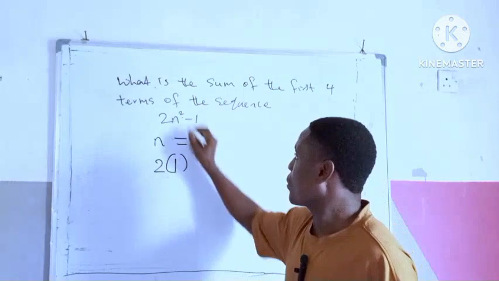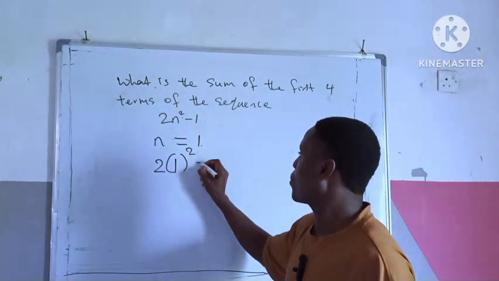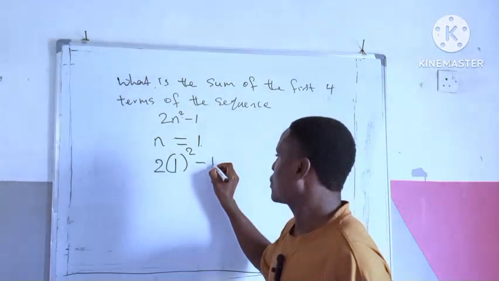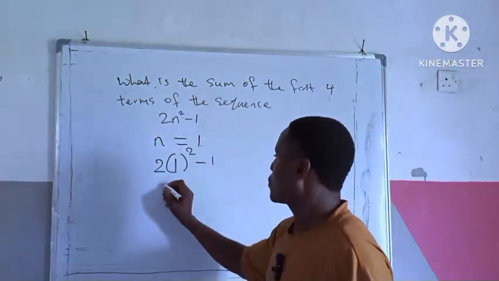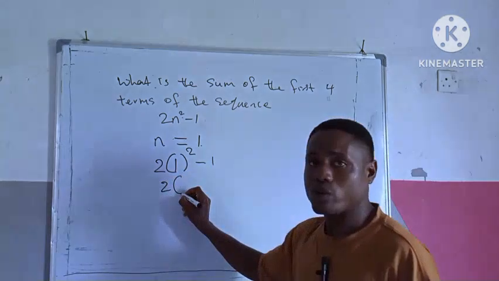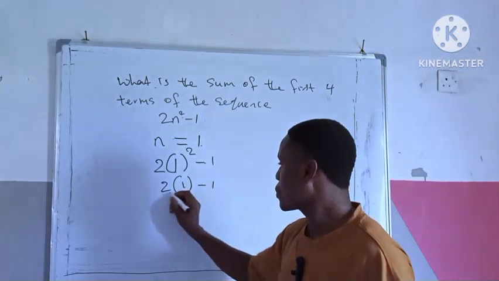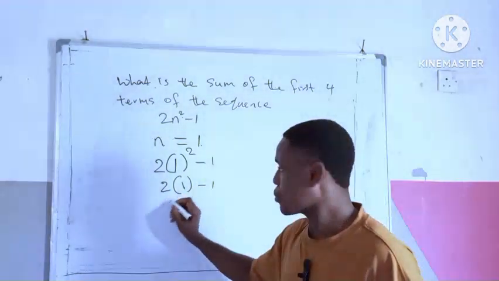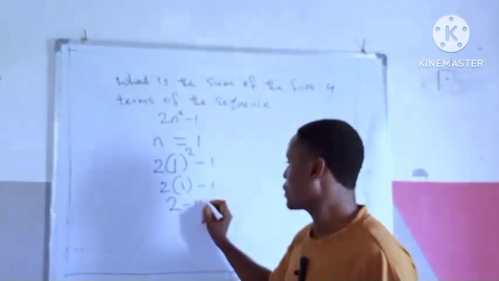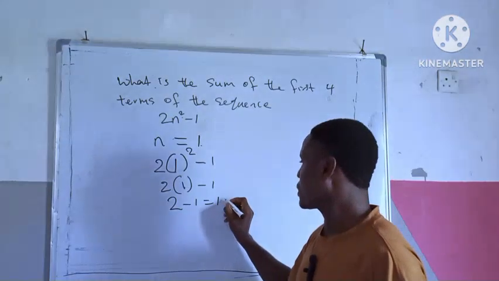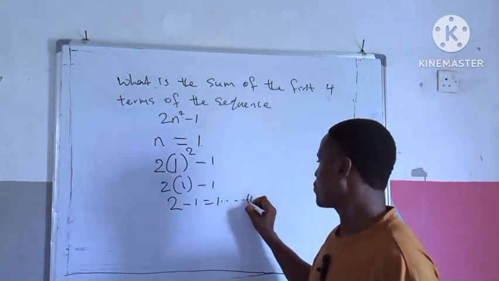So raised to power 2, minus 1. So 1 squared means 1 times 1, which is 1, minus 1. If you open the bracket, 2 times 1 is 2, minus 1 equals 1. This is the first one.